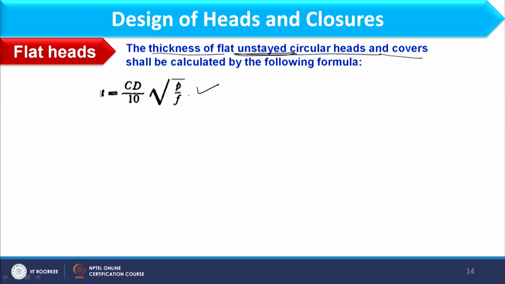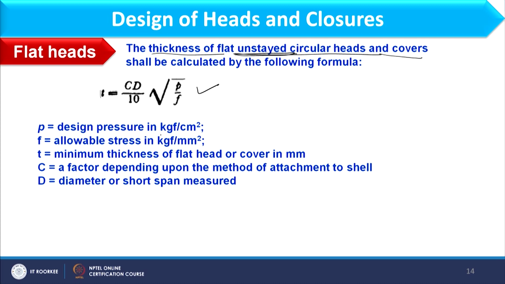As you see, this is the expression which we will use. Here T is the minimum thickness of flat head and that is equal to CD by 10 root over P by F, where P is the design pressure in kg force per centimeter square and F is the allowable stress in kg force per mm square, and due to this here we have the term 10.